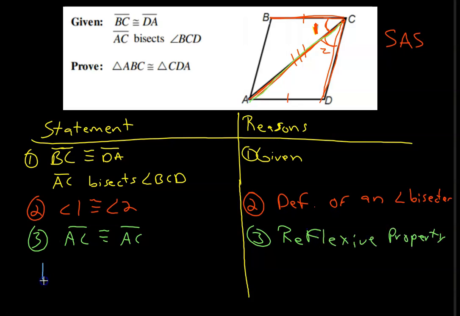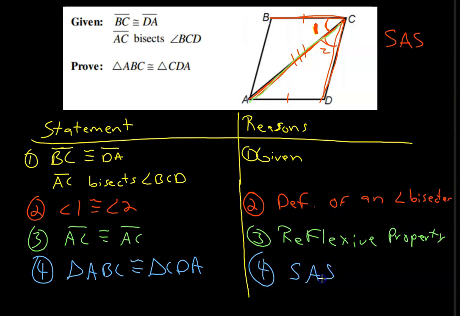After I accounted for all that, I could then say that triangle ABC was congruent to triangle CDA. And the reason for that was side, angle, side postulate. So, we proved it.